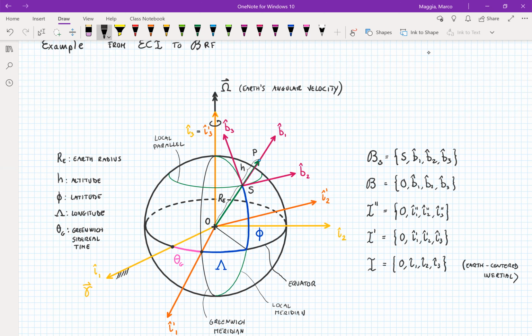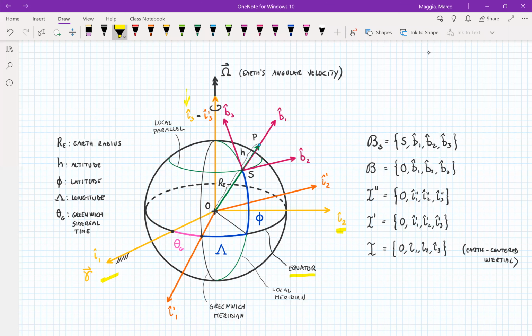This is the ECI, so the x-axis points towards the spring equinox, and it's fixed in space. Then we have the I3 versor that points through the North Pole, and I2 completes the frame and lies on the equatorial plane. You can think about this as the Earth with the equator, and then we have the Greenwich meridian.